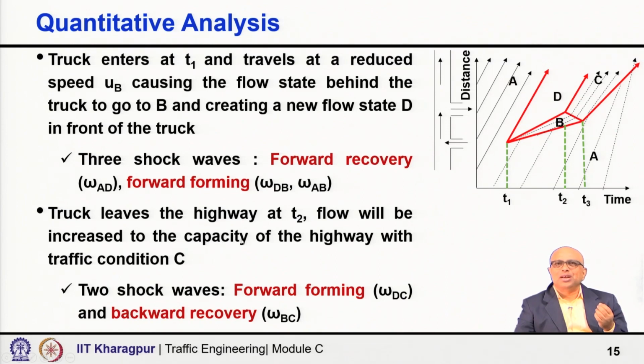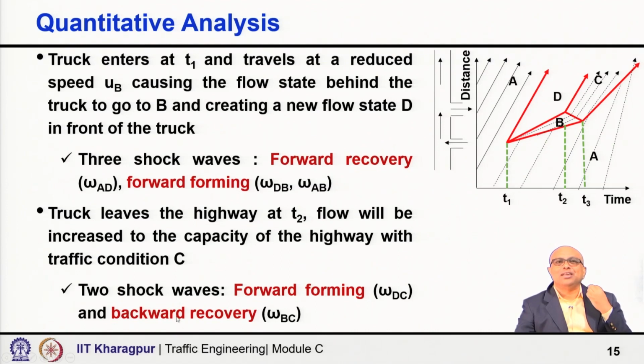Now, suppose at time t2 the truck leaves the highway, and then the flow will be increased to the capacity of the highway and a new flow condition C will be created. As the truck leaves, when the truck entered, 3 shock waves were created.